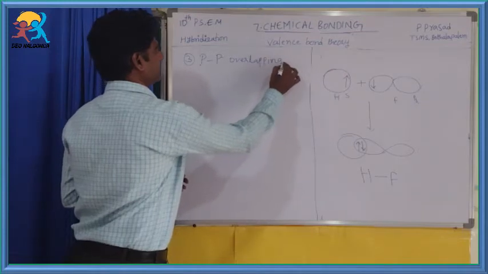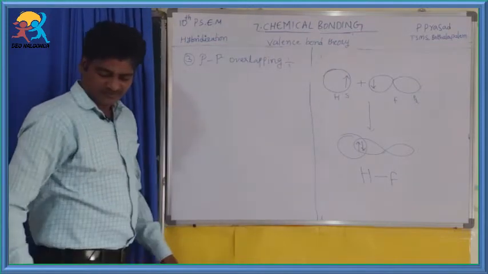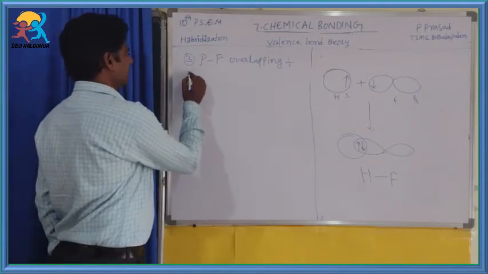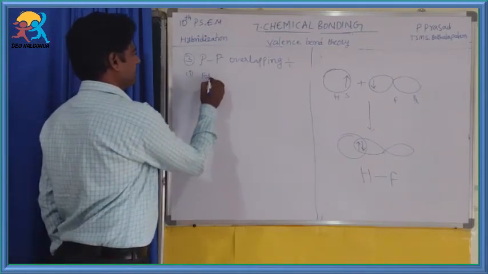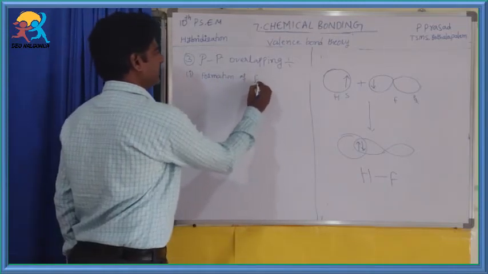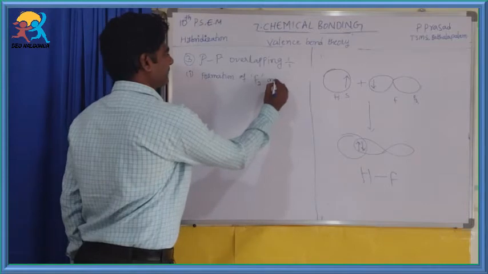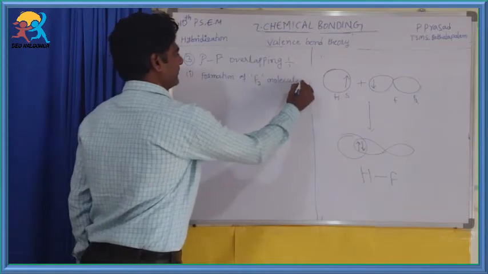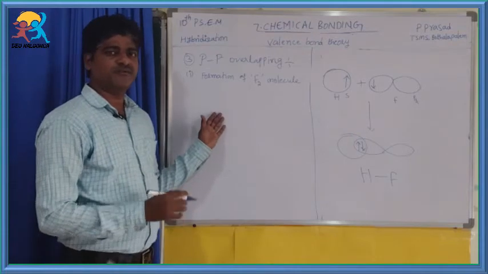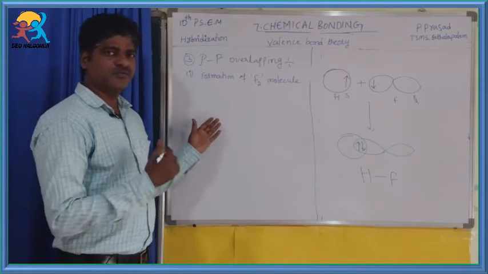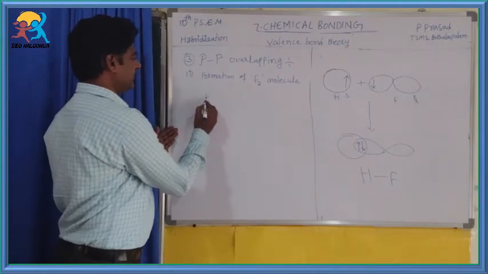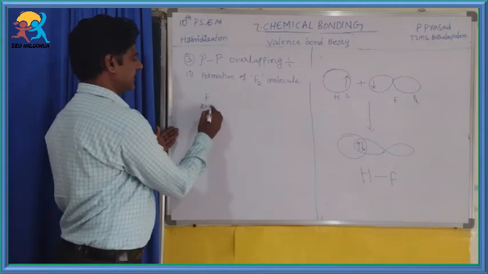For that I am taking the formation of the F2 molecule. To form the F2 molecule, how many fluorine atoms are required? Two fluorine atoms are required. What is the atomic number of fluorine? The fluorine atomic number is 9.